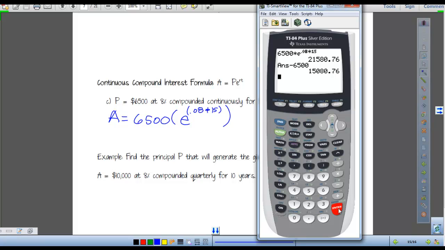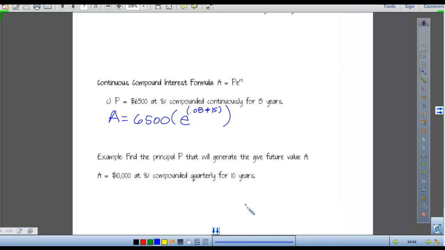Well, basically the same thing, except you just gotta put this in parentheses. That's all. Everything that you're raising to the power, if you're doing some multiplication or something else, you need to make sure all of that's included in parentheses. Up to find the interest. That's right. Okay.